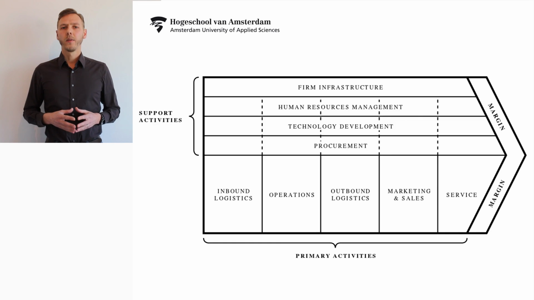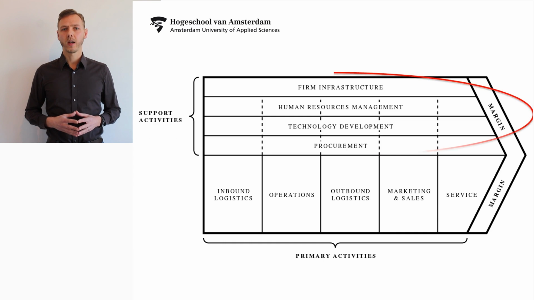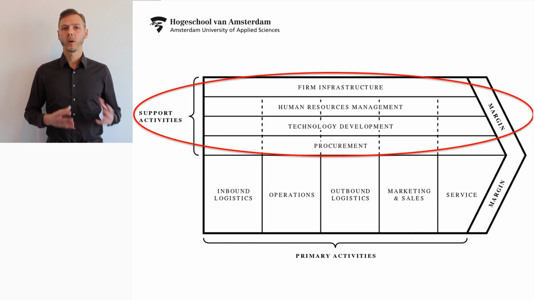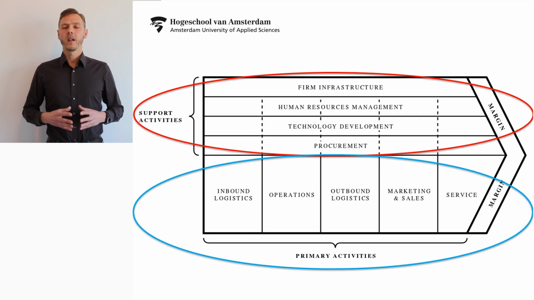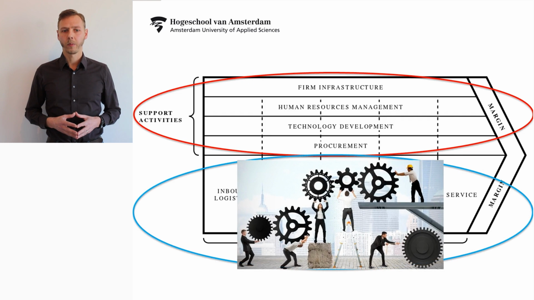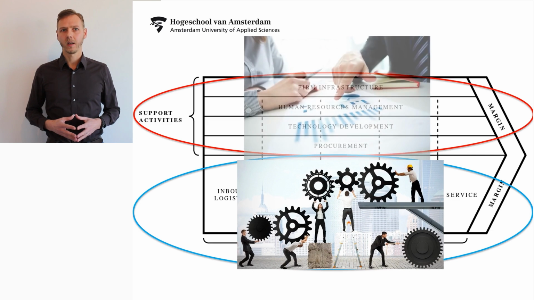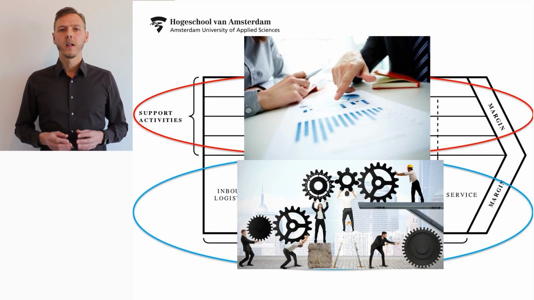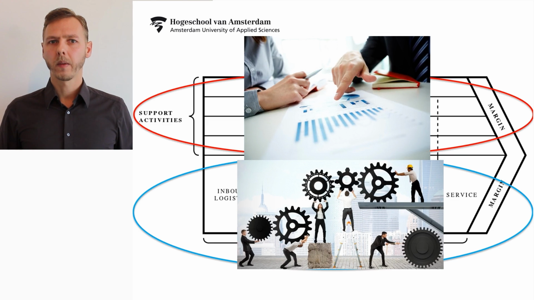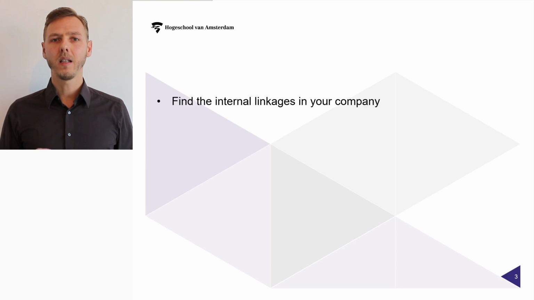It looks like this. The value chain, first of all, determines two different sides: the supporting activities and the primary activities. The primary activities are more the operational kind of activities, whilst the supporting activities are the managing activities. The basic idea of this model is that you determine the internal linkages of the value chain.